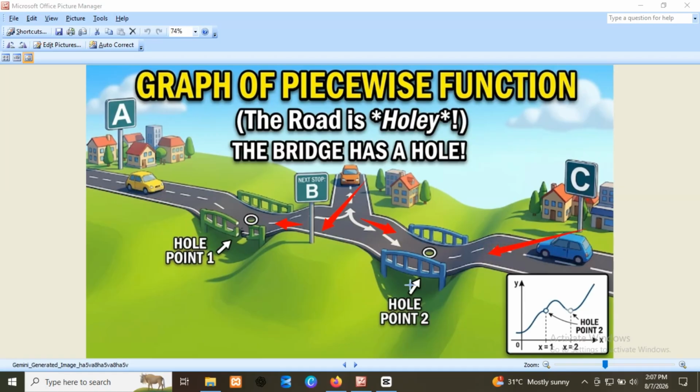Such real life examples are related with piecewise graphs, and mathematically we can draw them like this. So a car starts from town A until the broken bridge, then from town B until the broken one, which is continuous, and starting from town C. This real life condition can be translated mathematically into this graph of a piecewise function.